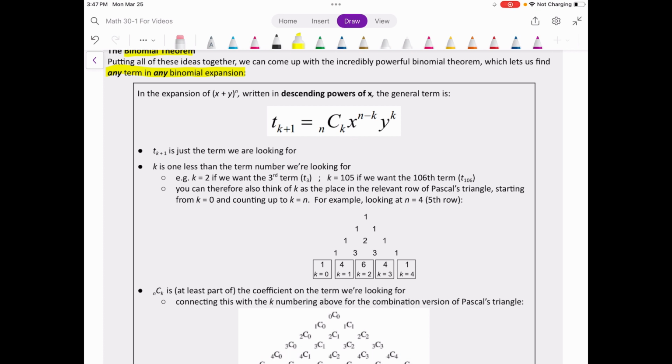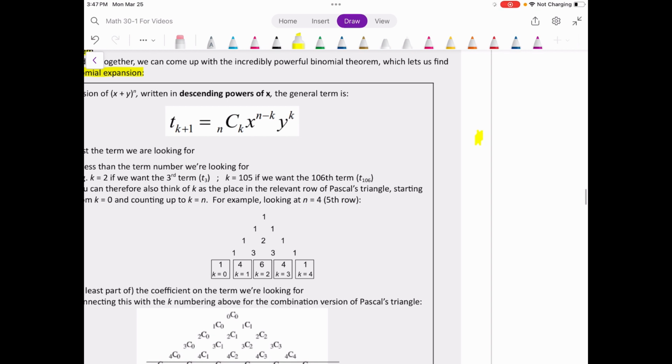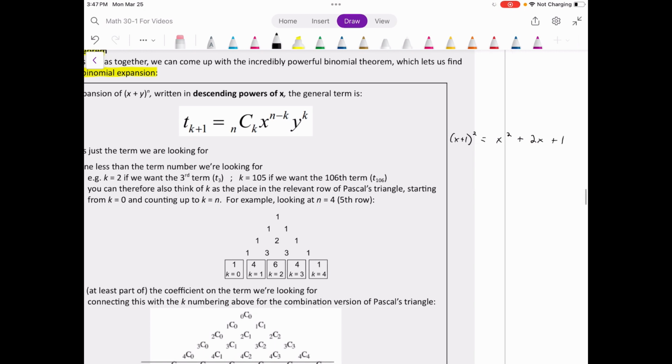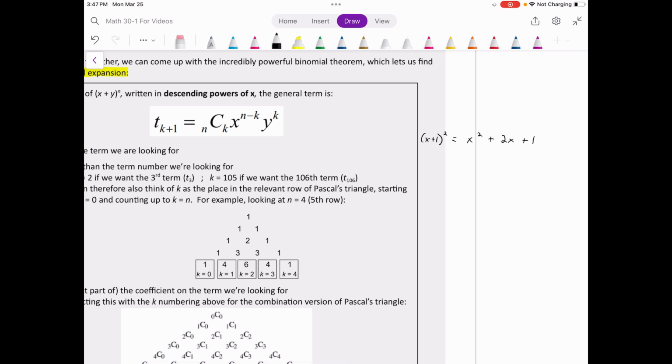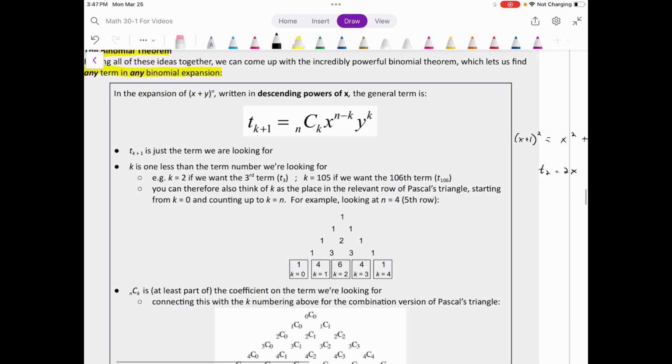If we use this to find the second term in the expansion of x plus 1 squared, then we would say t2, the second term, is 2x, right? So t k plus 1 is just the term we're looking for.